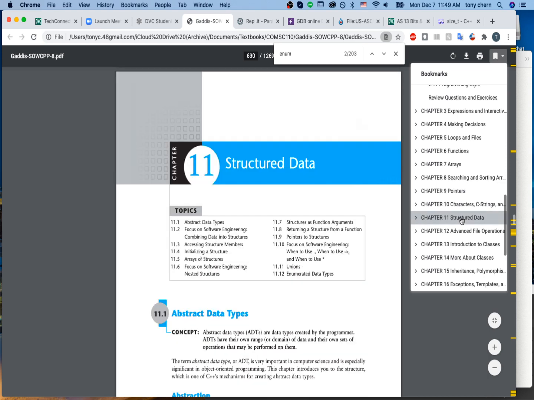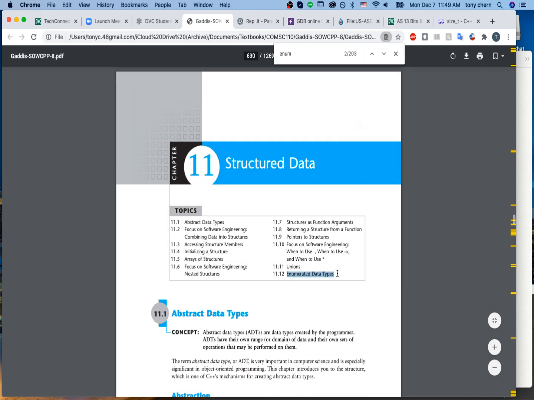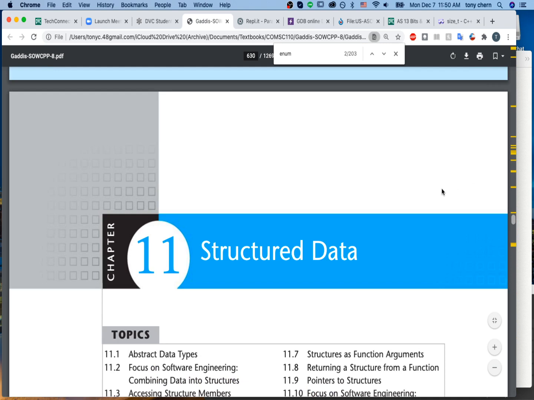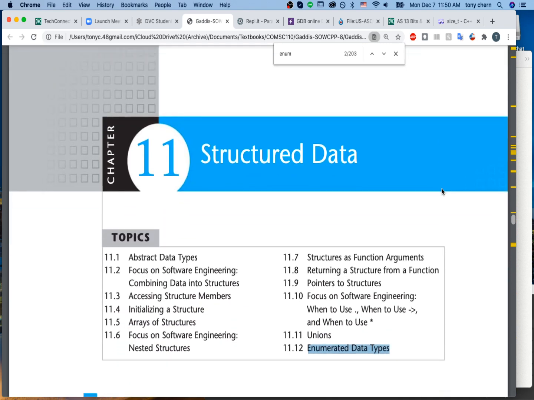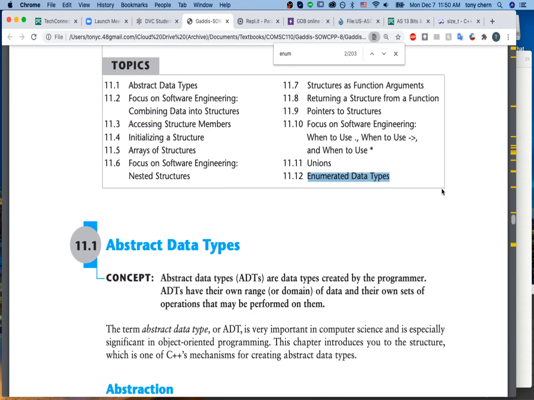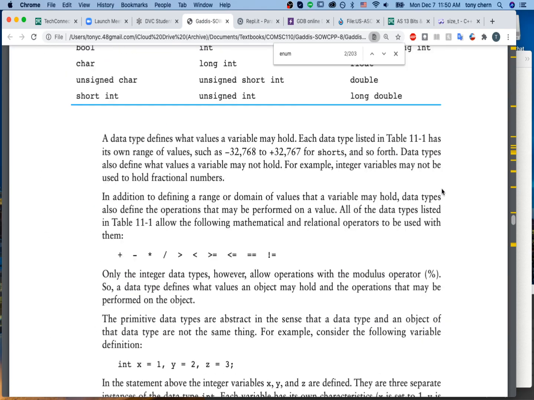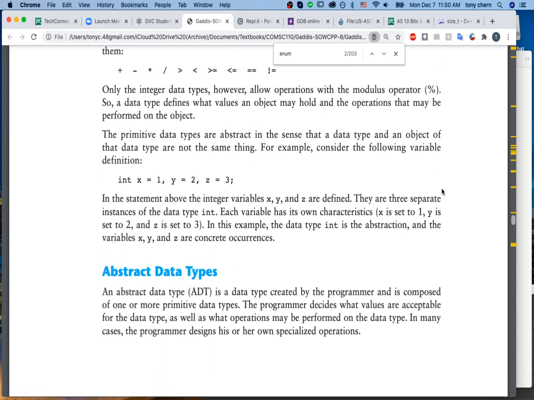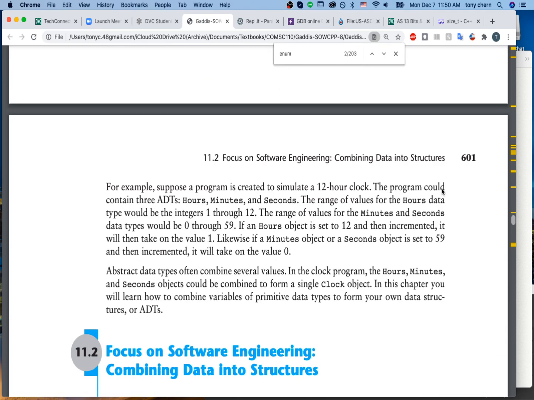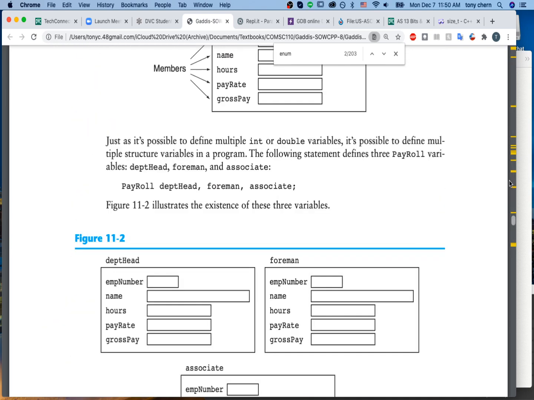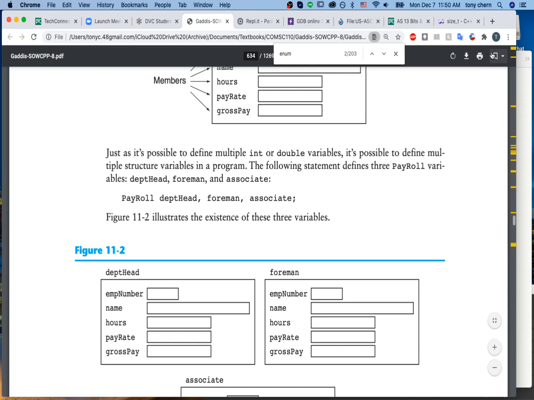Most enums are enumerated data types. Let me blow it up. These are all the matches, and you have to go to chapter 11. That's where most enum cases are, and the enum is quite abstract, and we talked a lot about the enum in 11 and 12.